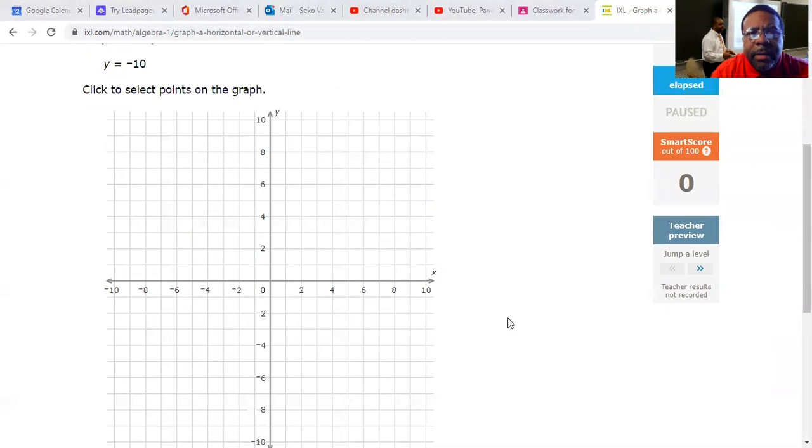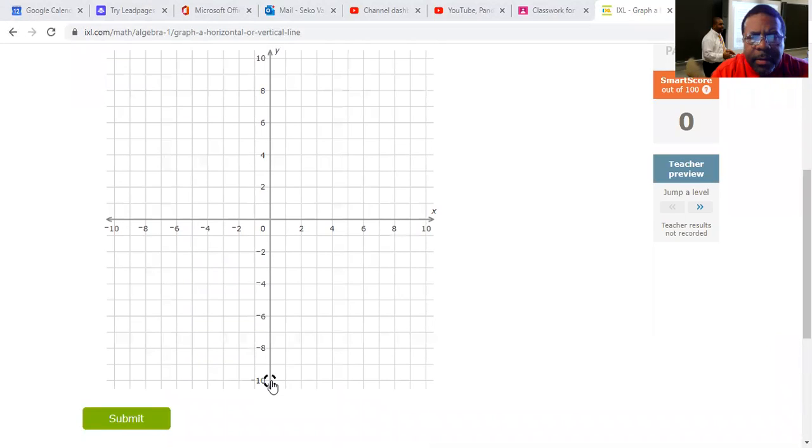So -10 is down here. And we're going to draw a line. Okay, so we have -10, and all we did was draw a line.